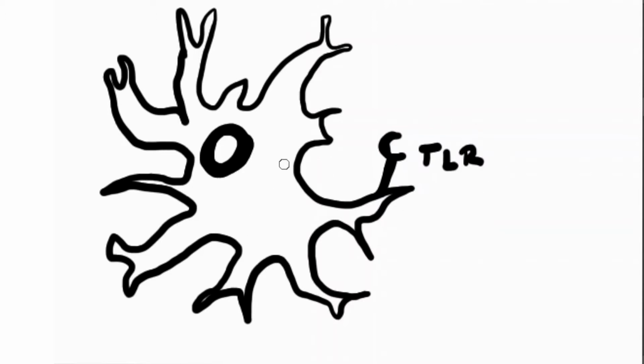Different cell types express different combinations of TLRs, but here we're talking about, it could be perhaps TLR 4 or 5. They basically signal through the same pathway, so it doesn't really matter in this case, but they are able to recognize conserved structures on pathogens. And in this case, let's say it's the flagella of the bacteria, then it would be TLR5. If it's LPS, it could be TLR4.